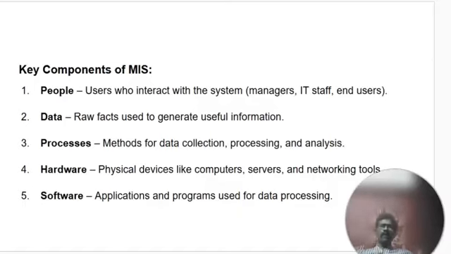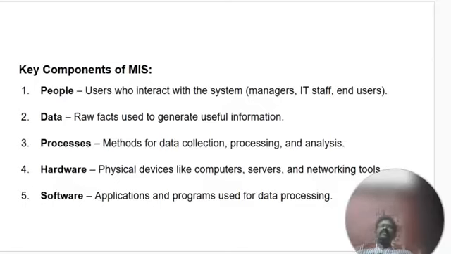Next one, hardware. What is meant by hardware? It is the physical parts of a computer, such as physical devices like computers, servers, and networking tools. These are all defined as hardware. Next is software. What is meant by software? Software is defined as applications and programs used for data processing.